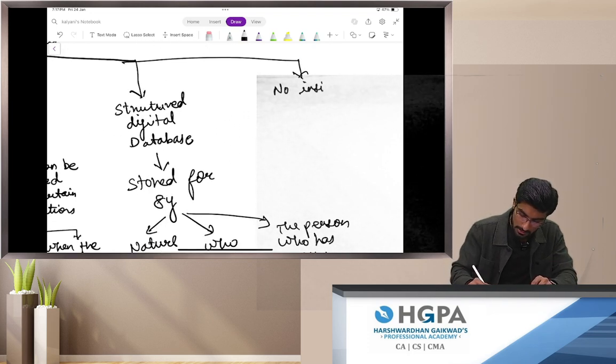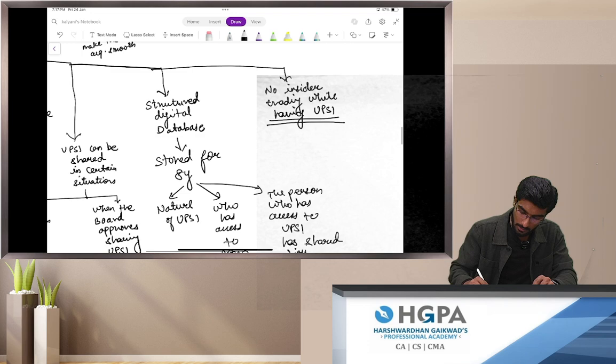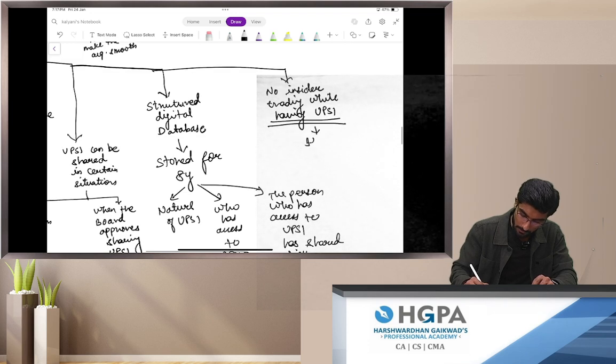No insider trading while having UPSI. If he trades, there are penalties.